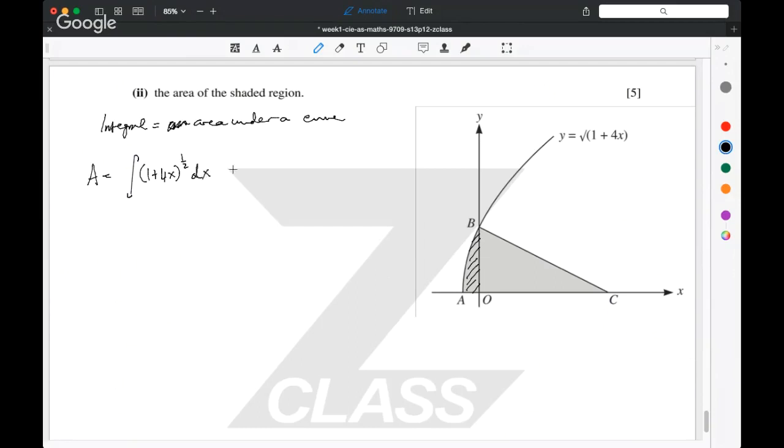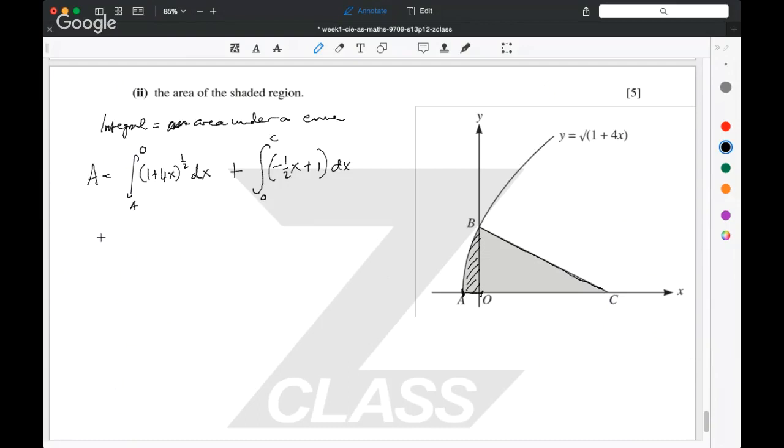And I'm just looking at this first area, so I'm integrating from a to 0. And then the next area, I'm going to forget about the curve and just integrate this nice straight line. So that's the integral of minus 1/2 x plus 1 dx between 0 and c.